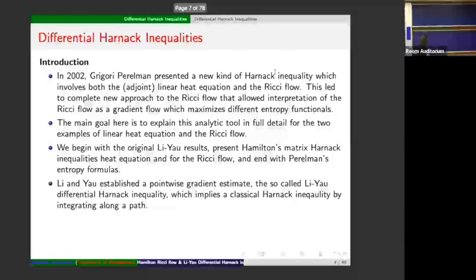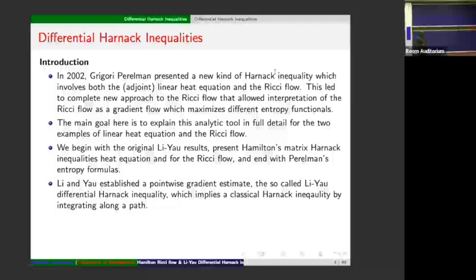Li and Yau, in their seminal paper in 1986, presented the pointwise gradient estimate now known as the Li-Yau differential Harnack inequality. This inequality is a gradient estimate on positive solutions of the linear heat equation.